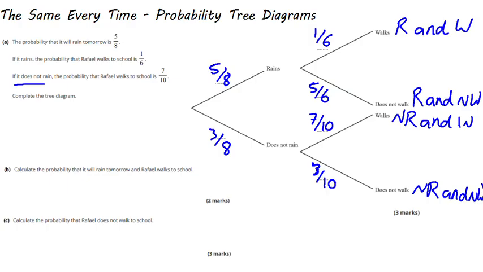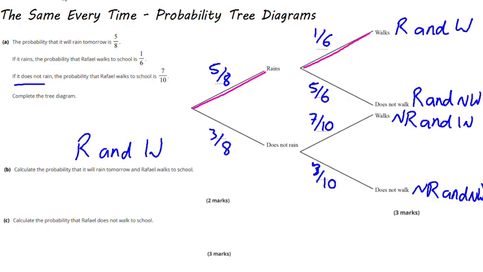Calculate the probability that it will rain tomorrow and Raphael walks to school. So this is basically rain and walk. That's the probability that they want. So rain and walk is the top option there, isn't it? So rain tomorrow and walk to school.